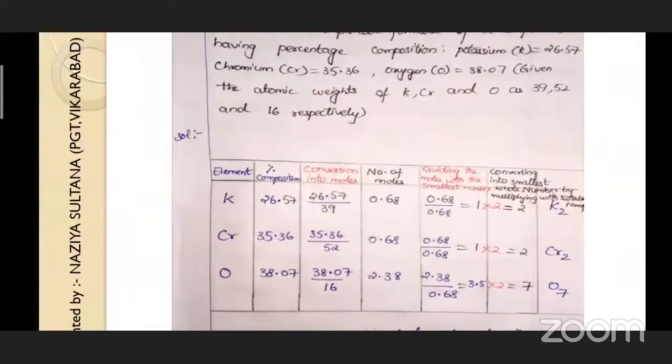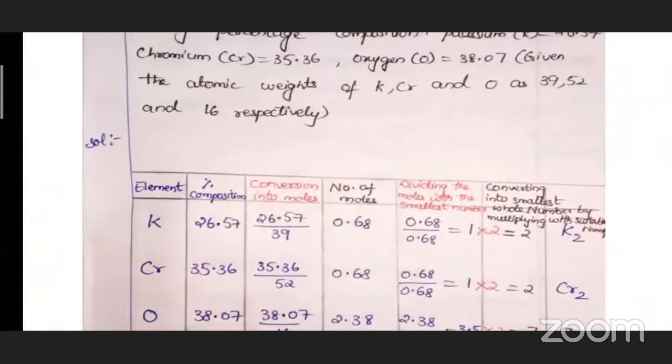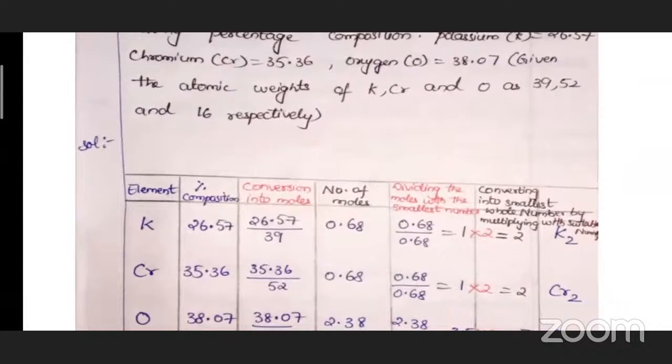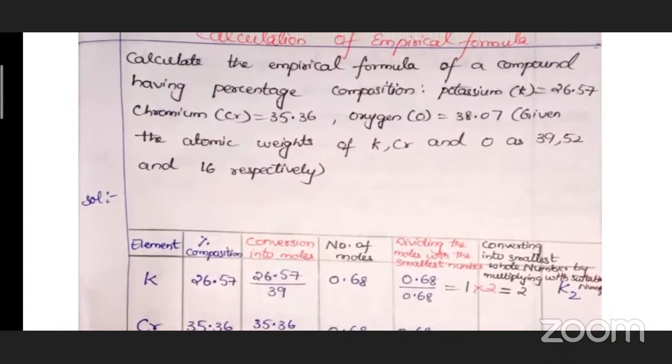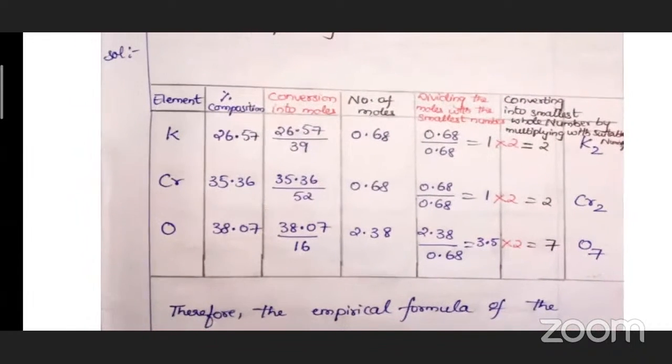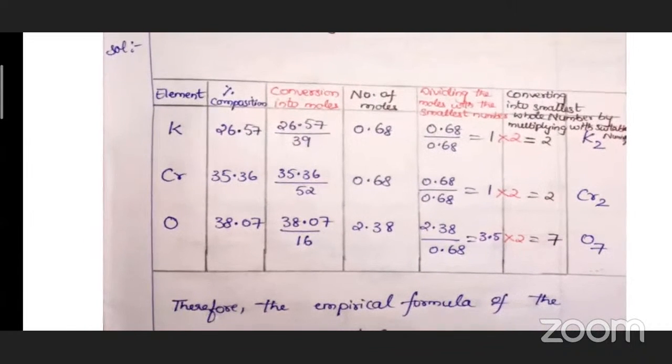Problems can be asked for 2 marks: they will give you empirical weight and molecular weight and ask you to find out the molecular formula. Also, just giving the percentage composition, they can ask you to find out the empirical formula as well as the molecular formula. So please go through this.